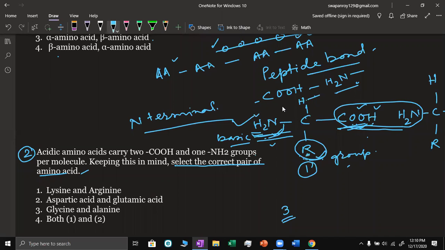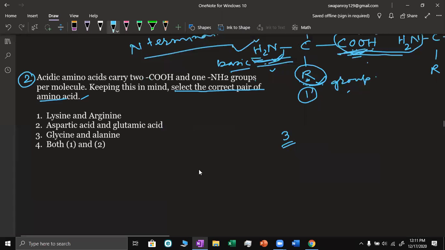So an amino acid may be acidic, basic, or neutral, based on how many amino groups or carboxylic groups are there in the amino acid. So here, aspartic acid and glutamic acid are the correct pair, that they are acidic.